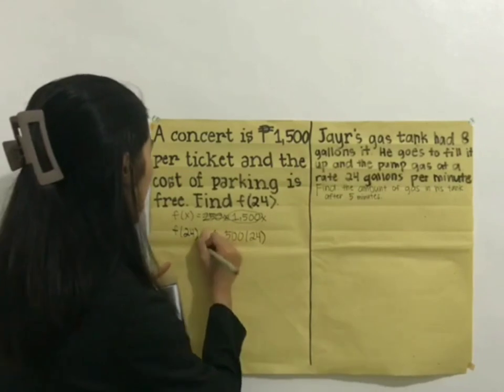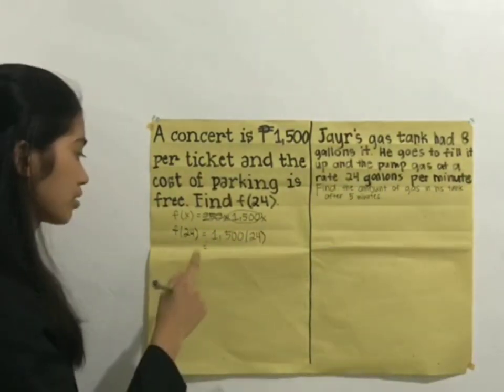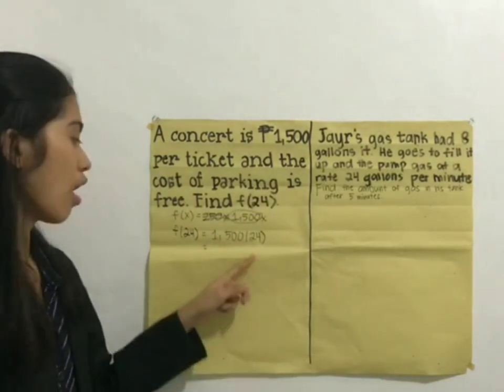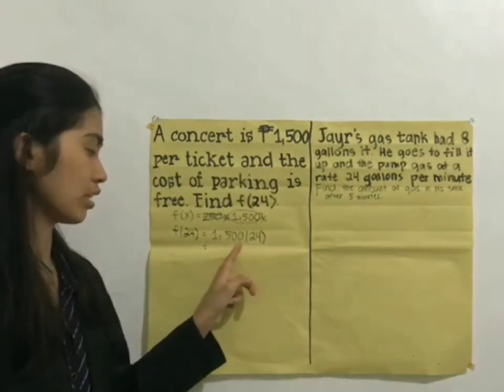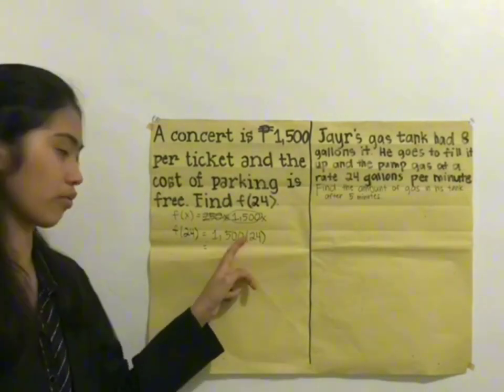So what we're going to do next is multiply the 1,500 by the 24.